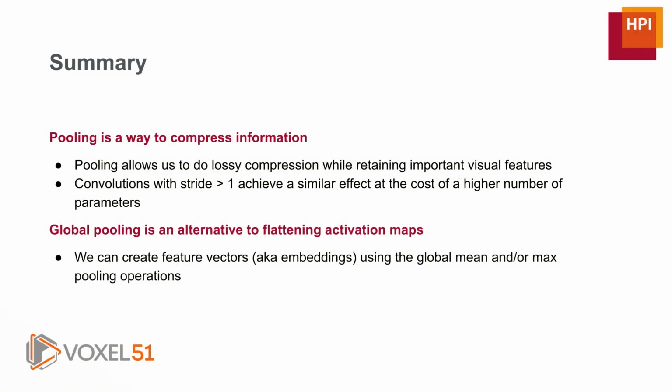So to wrap up, we covered the three types of pooling operations. We have max pooling, capturing feature activations that are the maximum value, min pooling having the average, and global pooling being this thing that we use to convert feature maps into compact vectors.